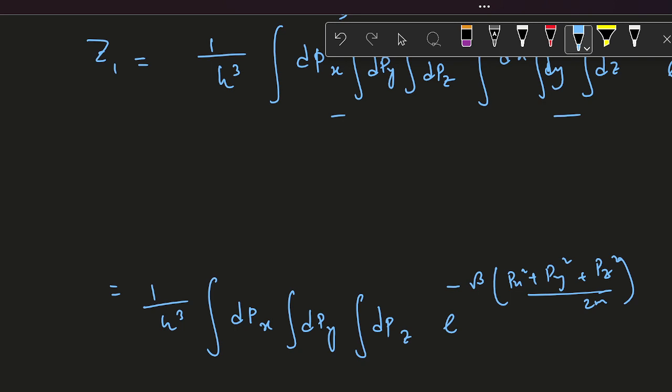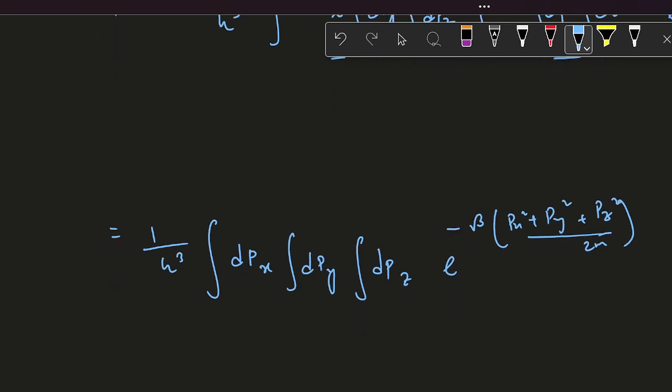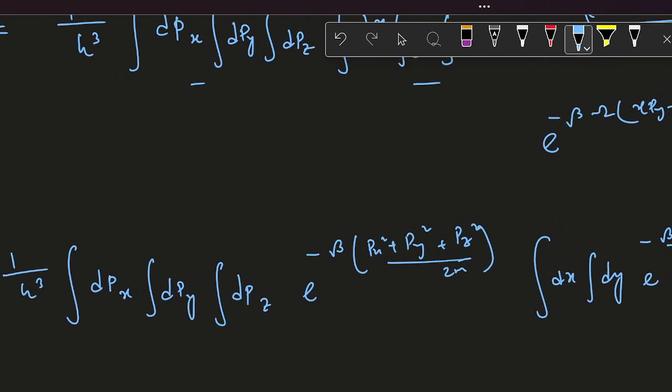And then your dx dy, then e to the power, first of all we also take the x squared and y squared part separate, and also this other term from omega dot L, that is x py minus y px. So if you look at this carefully, I have separated out all the terms regarding x, y, px, py and pz as well, and we have not yet written down the dz part.